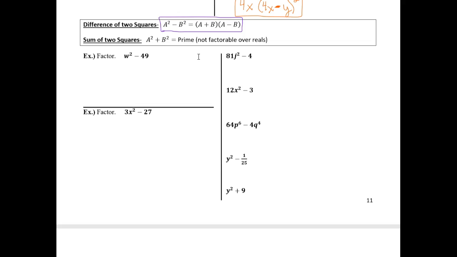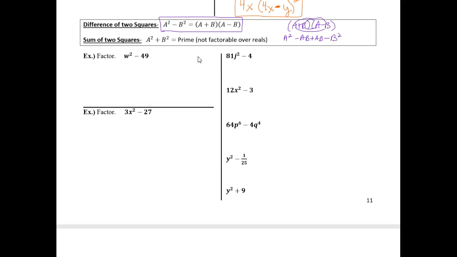Because notice if we work the other way, we started with A plus B times A minus B, and we multiplied it, A times A would give us the A squared, and A times a negative B would be negative AB, and then B times A is the same thing as A times B, and then B times a negative B would give us negative B squared.